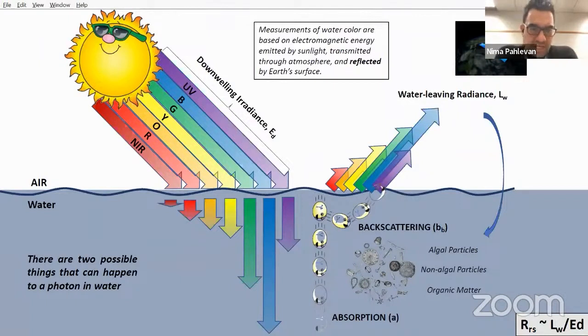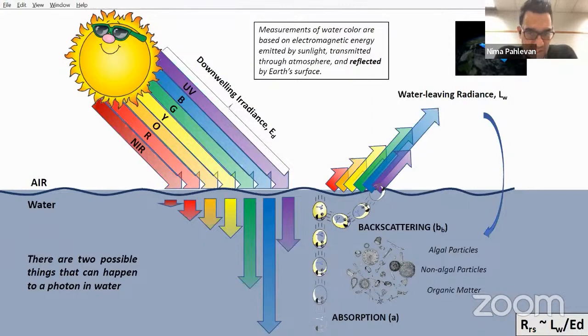After this penetration of light in the water, scattering and absorption of this light happens by various constituents, including algal particles, non-algal particles, organic matter, you name it. Various constituents can absorb and or scatter light differently. The cumulative effect of this absorption and backscattering is essentially measured by the satellite.